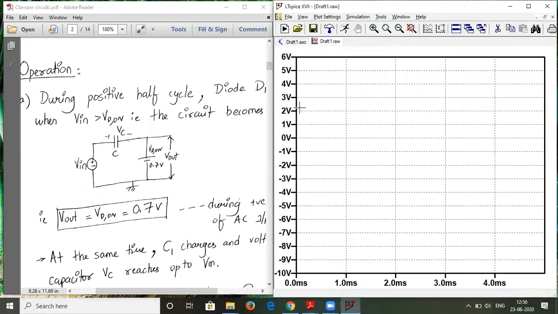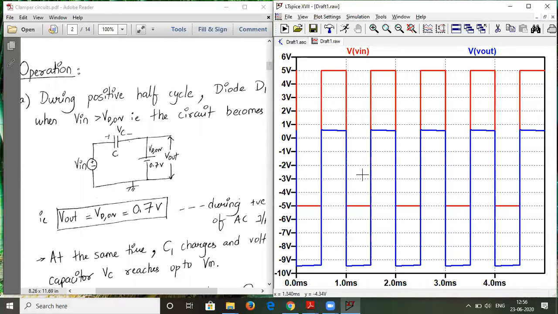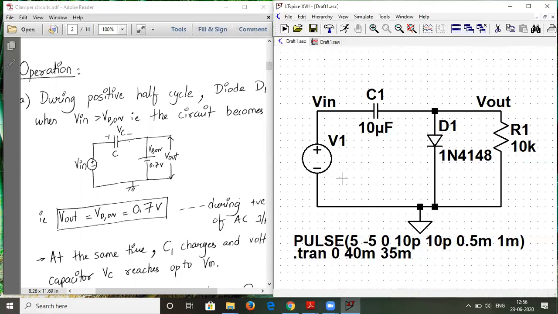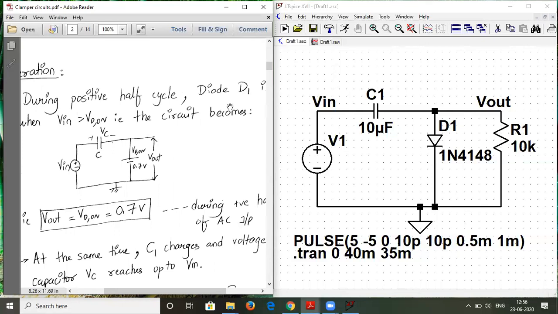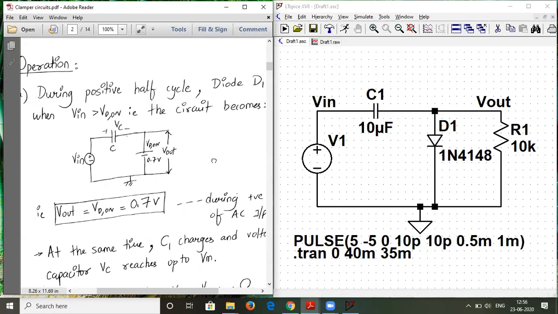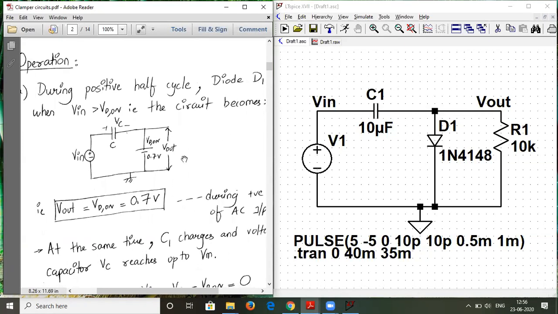That is what the input is: changing continuously with respect to time, which is my square waveform. So in the positive half cycle, whenever this input crosses the turn on voltage of the diode, that is VD on, the diode will become on. Whenever the diode becomes on, since we have applied the constant voltage model, it will be replaced by this VD on and a short circuit over here.